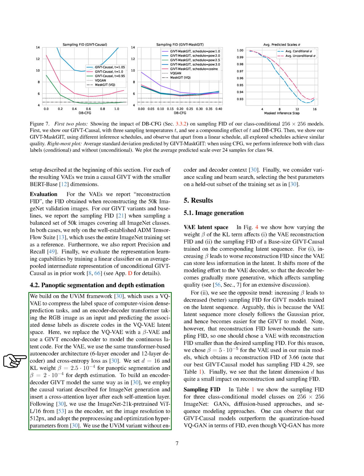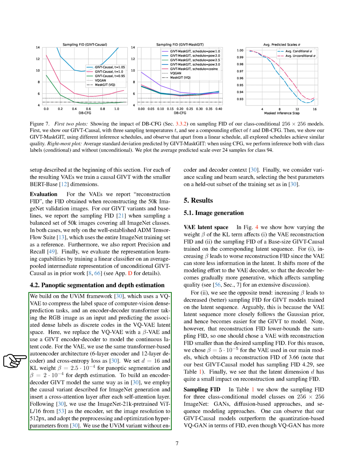In our work, we replace the VQ-VAE with a beta-VAE and use a GIVT encoder-decoder to model the continuous latent code. For the VAE, we use the same transformer-based autoencoder architecture and cross-entropy loss as in previous works. We set the dimensionality to 16 and the KL weight to 0.00025 for panoptic segmentation and 0.0002 for depth estimation.